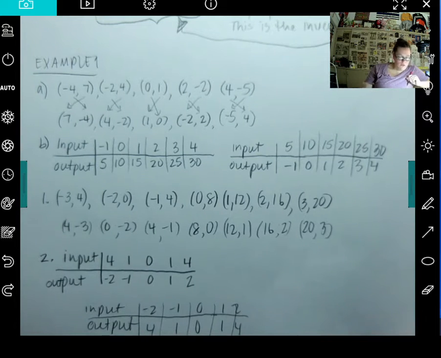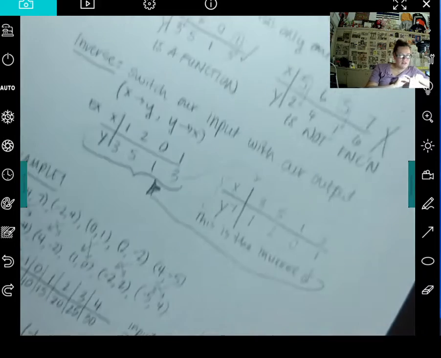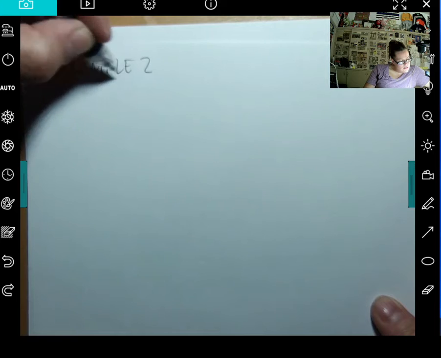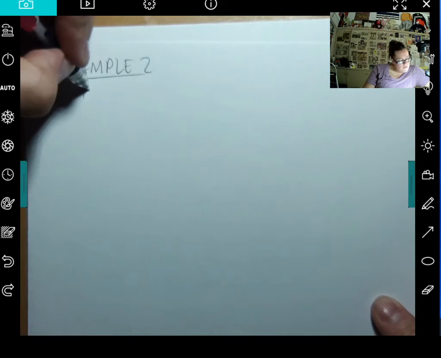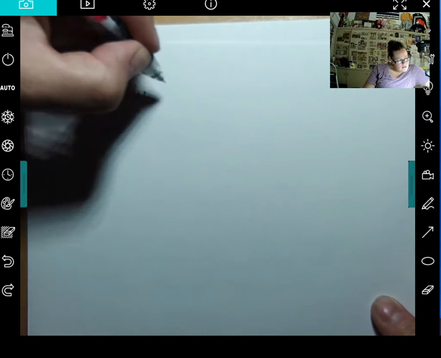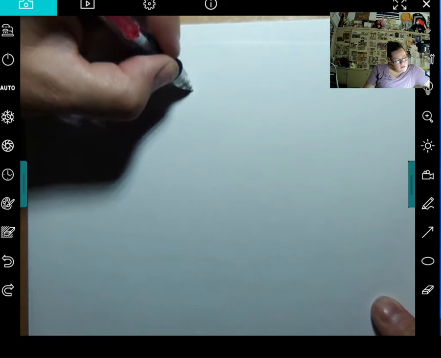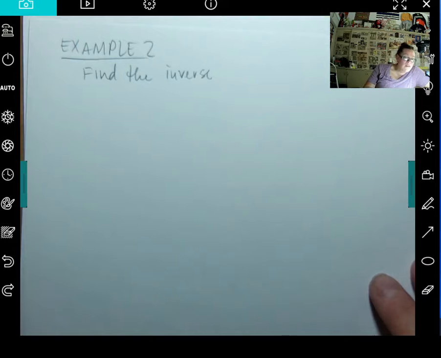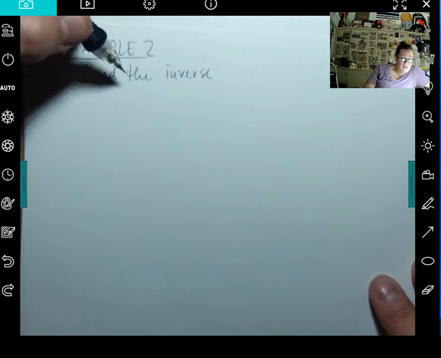So moving right along, we are going to look at example 2. Example 2 says find the inverse. Now we are going to be looking at actual functions and finding the inverse from that. We're not just given a point or a table.